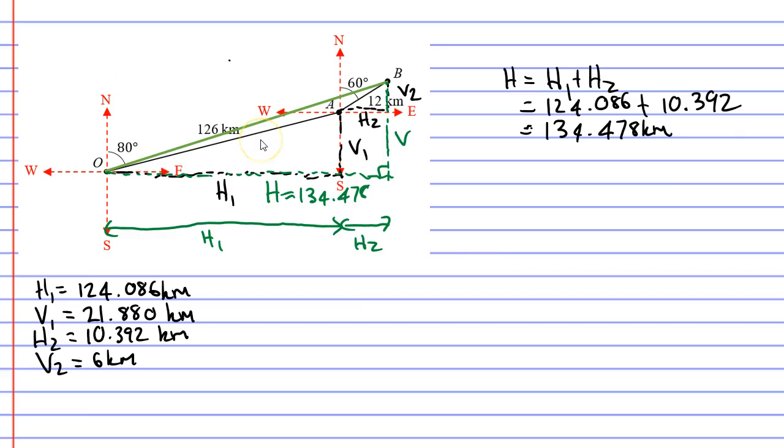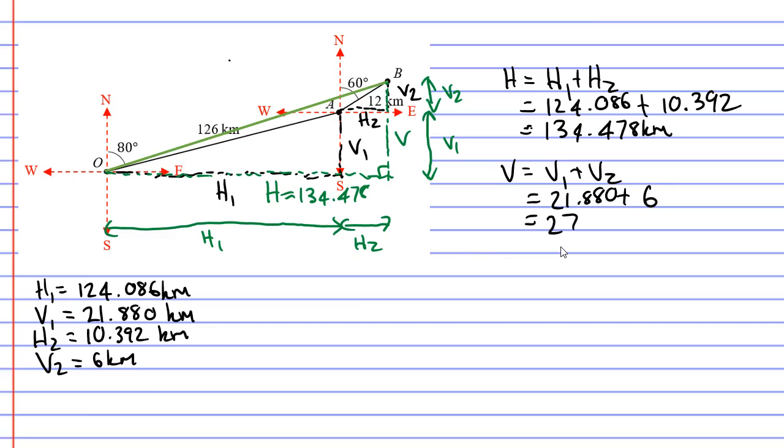It works the same way. It can be split into two parts. This is our V1 component, and this is our V2 component here. So we can find V by adding up our two vertical components, V1 being 21.880 and V2 being 6.